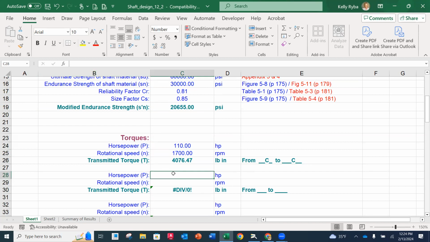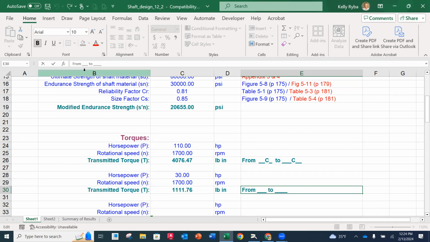The next one we're going to put in is the 30 horsepower, 1700 RPMs. And this is going to go from C to A, which was the belt drive, the V-belt shaft.